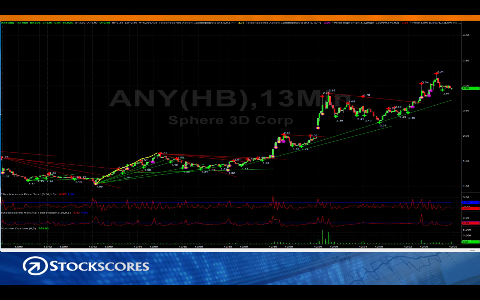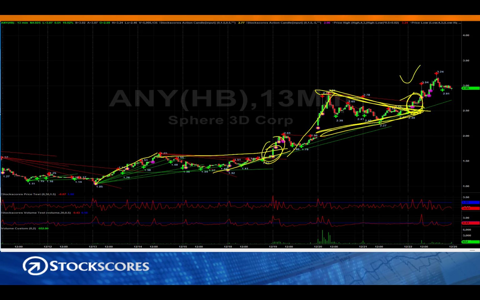It goes up and then it builds a floor. And then it goes up and it builds a little floor. There's rising bottoms, falling tops, they're converging. So this is a break from low volatility. This is a break from low volatility. And we also pulled back to the upward trend line right here.